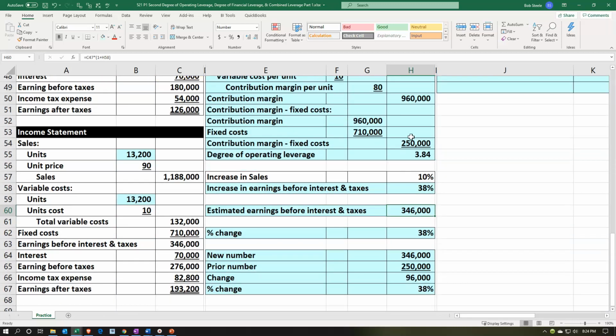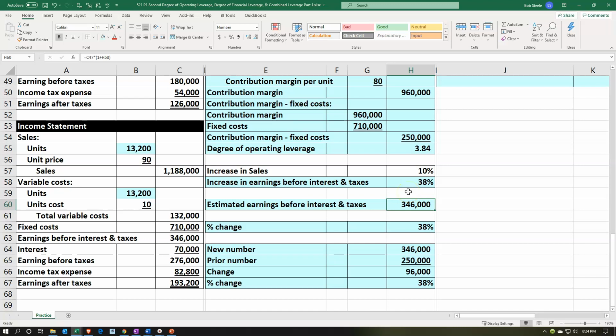So the more leverage is going to have a multiplier effect on the increase in the sales, and that's going to be the 346 here. Now you can also see if there was a problem, if sales decreased by 10%, you would have a 38% decrease, which would be an estimate going down.